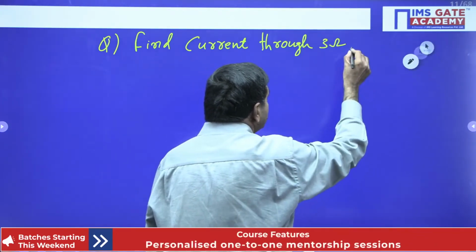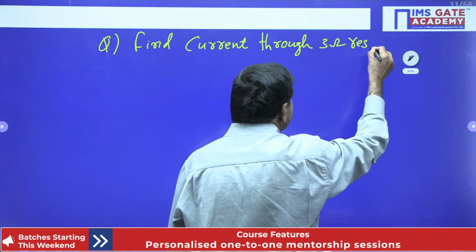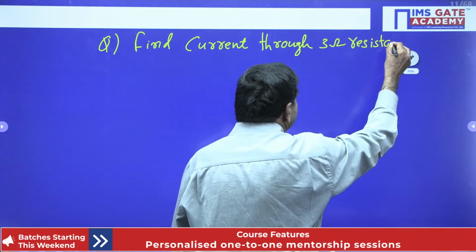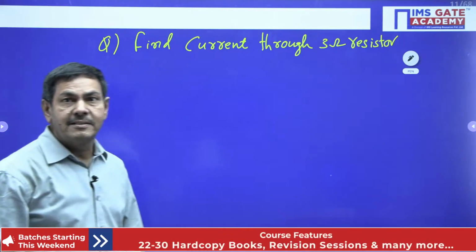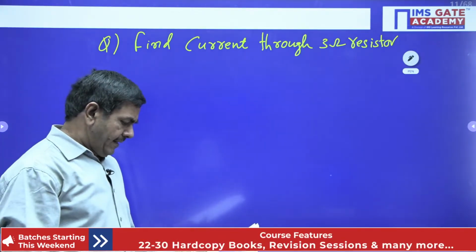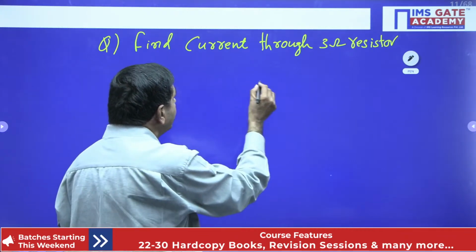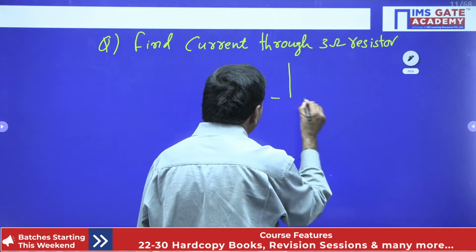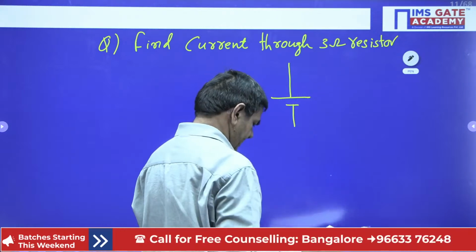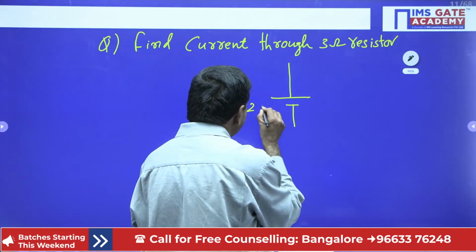It is asking for the current through the 3 ohm resistor. And here two voltage sources are given. Here it is connected with one battery. This is with 20 volts.